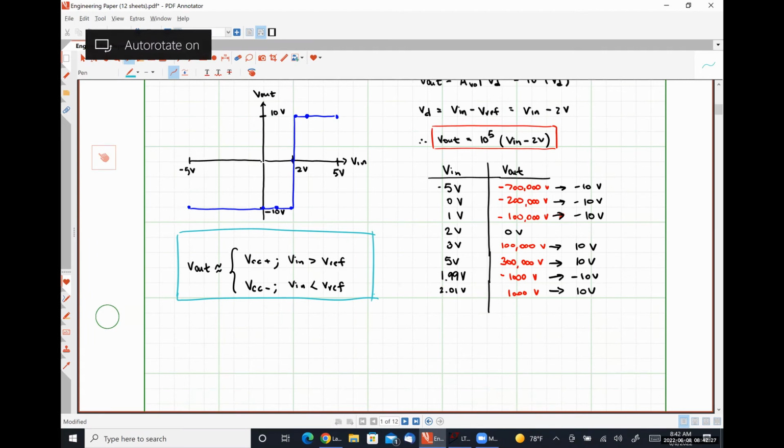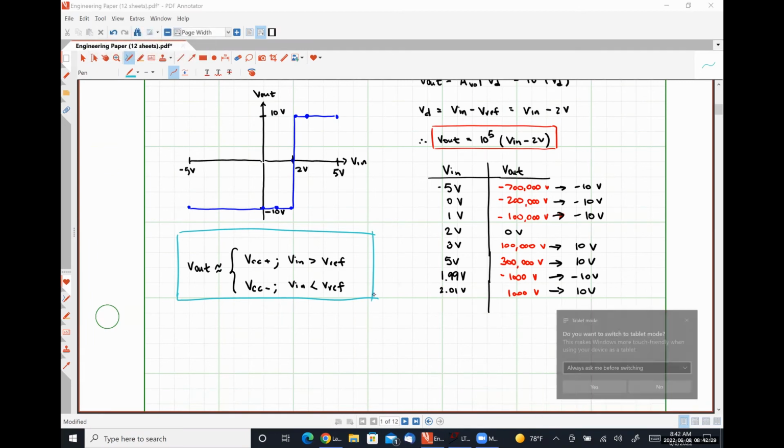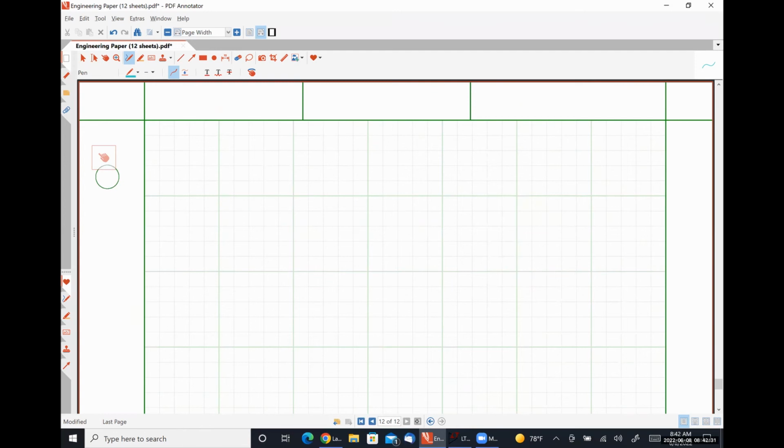Now let's look at an inverting comparator. The circuit is extraordinarily similar. So for an inverting comparator, we're going to have our op amp.